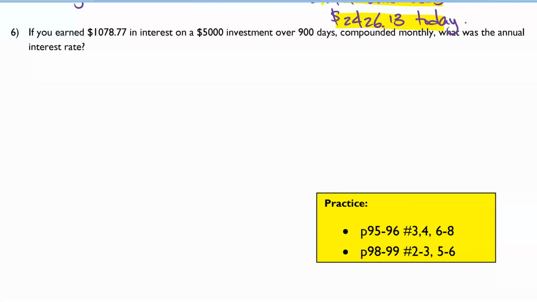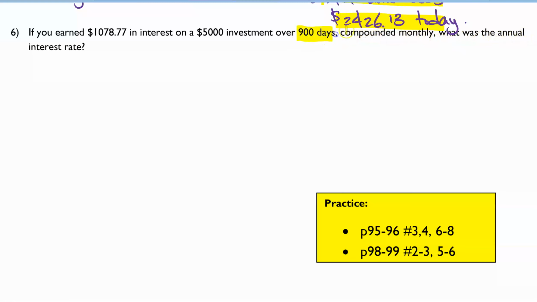Try to figure out what happens here. If you earned $1,078.77 in interest on a $5,000 investment, that means you put in the $5,000, you earn $1,078.77 interest, and the investment lasts for 900 days, but it's compounded monthly. What was the annual interest rate?